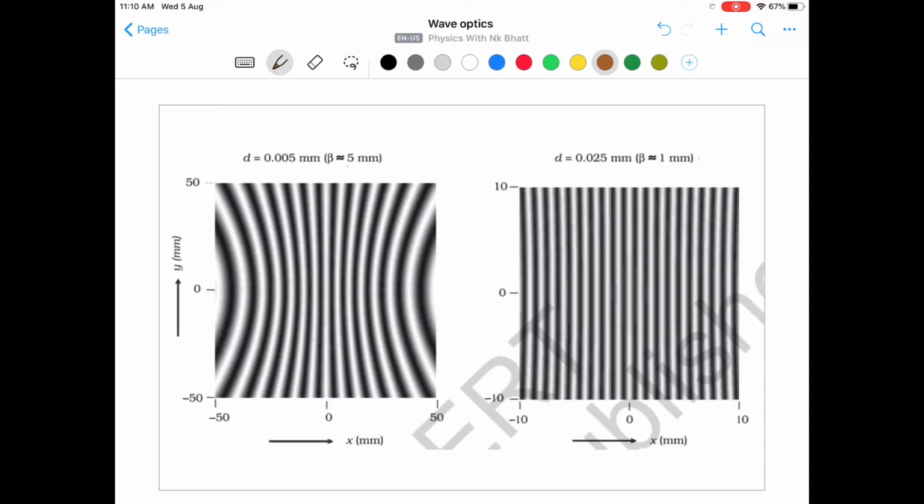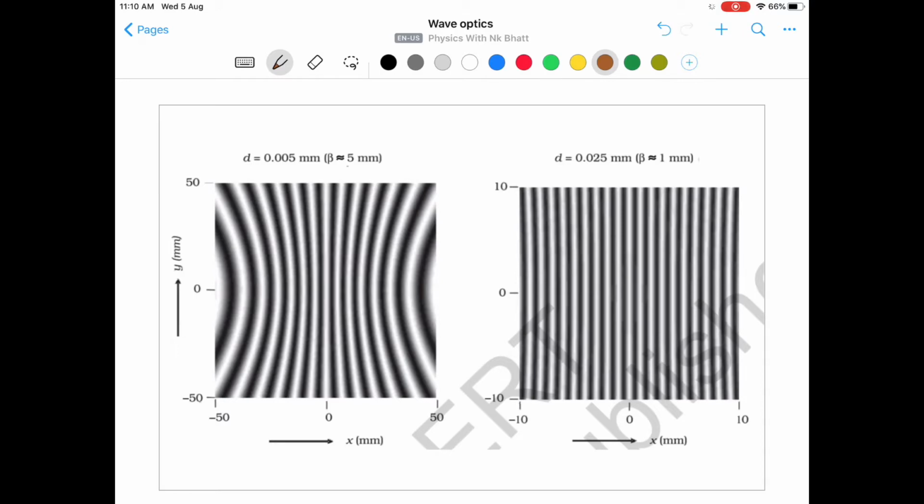In the first diagram, you can see the fringes appear a little bit curved. Alternate dark and bright bands are seen here. These bright and dark bands are formed just because of constructive and destructive interferences taking place at various places on the screen.